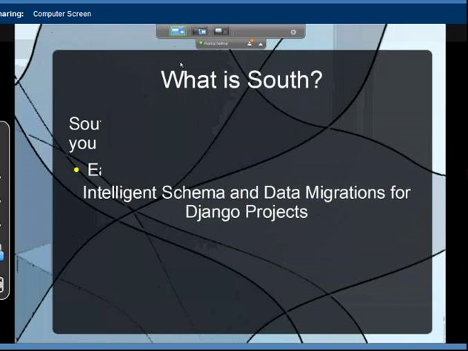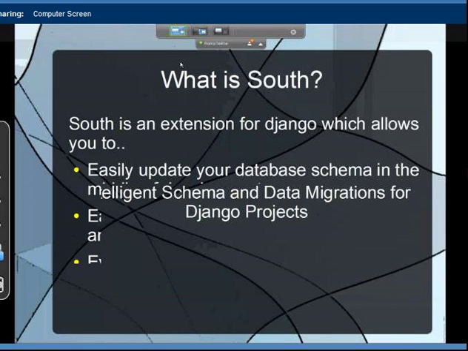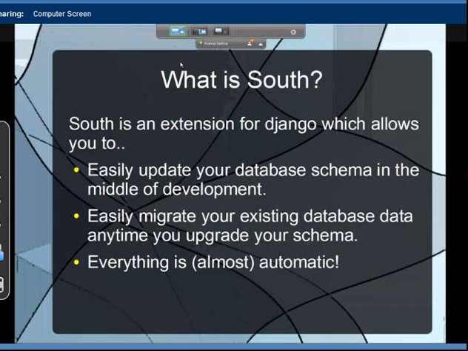So what is South? South is an extension for Django, which allows you to do everything I just said. Easily update your database schema in the middle of development, easily migrate your existing database data anytime you upgrade your schema, and everything is pretty much automatic. You just run a few commands from manage.py and you're good to go.